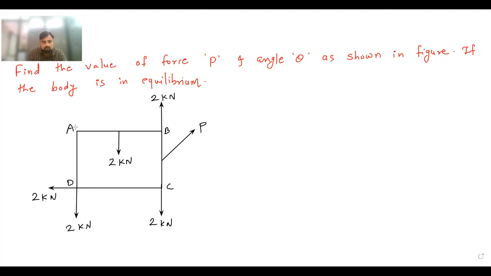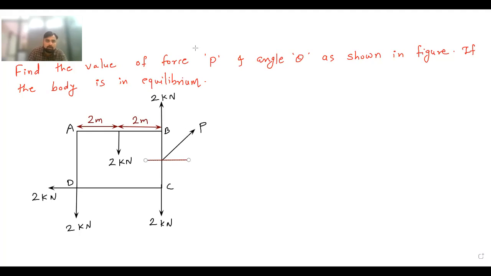Then distances: from this point to this point it is 2 meter, and from here to here also it is 2 meter. So both the distances are 2 meters. And the vertical distance is also given. So I draw one horizontal line over here, which we draw for our convenience.